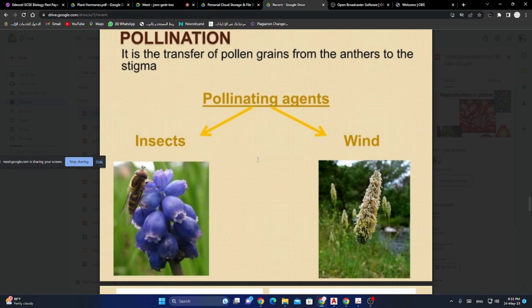For the wind, you can, for example, take dandelions. You know how dandelions are usually pollinated using the wind, right? They have some small umbrella-like structures which the seeds can use in order to be carried away using the wind, right?